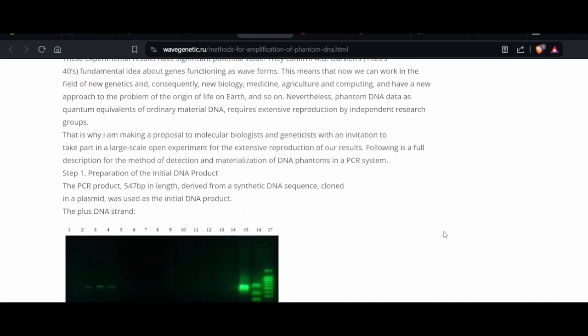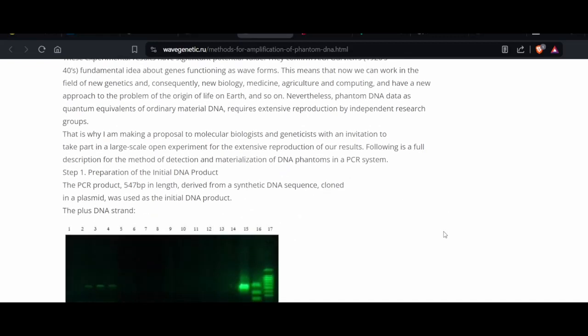So, think about that. They had a tube that had no DNA in it, purified water. They play a sound file that is supposedly the sound of DNA. And then they find that there was DNA in the test tube when they do their PCR.